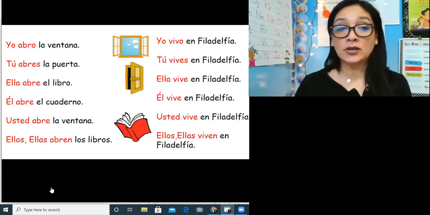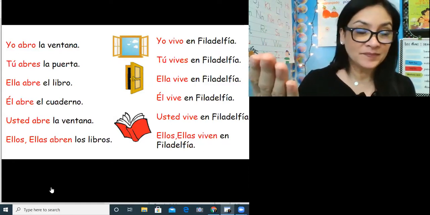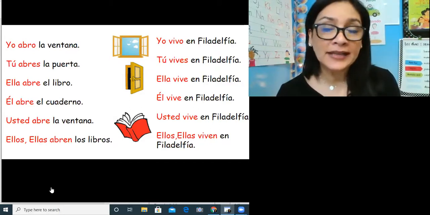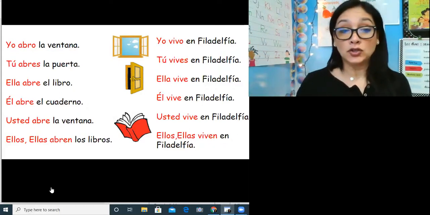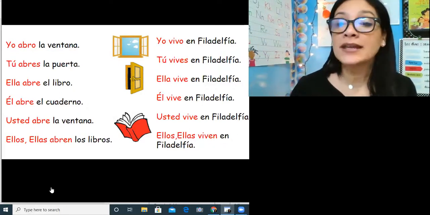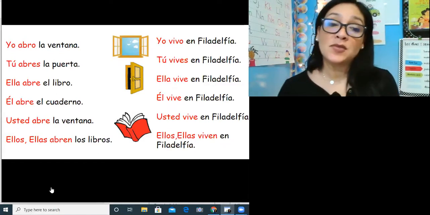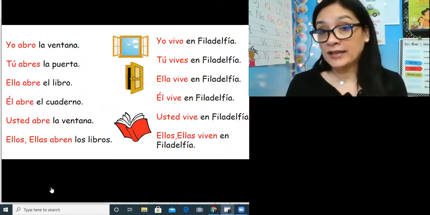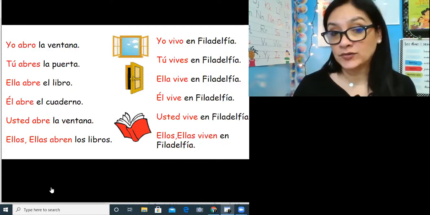She opens the book, ella abre el libro. He opens the notebook, él abre el cuaderno. You open the window, usted abre la ventana. They open the books, ellos, or ellas if it's all girls, abren los libros.